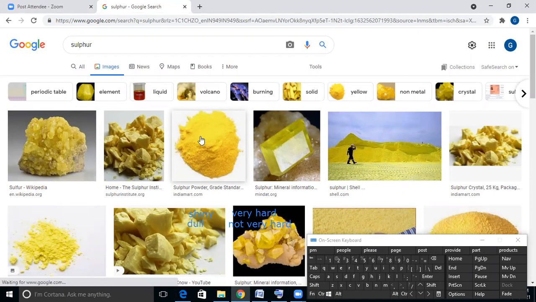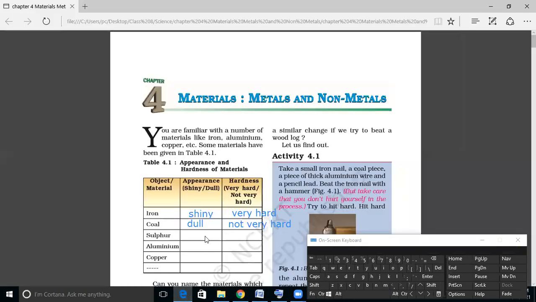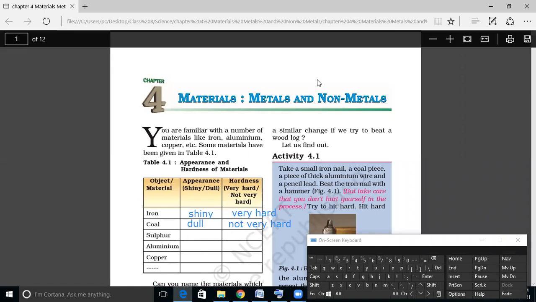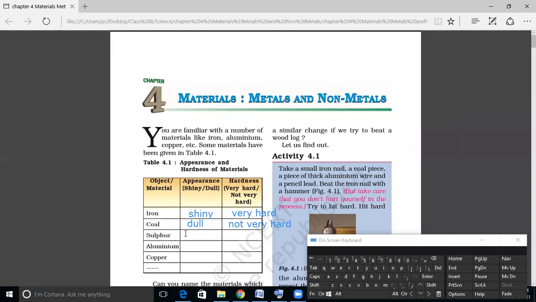So it is not very shiny, but it is dull in color. So we can write that it is dull. So let us make a note of it. It is dull in appearance and not very hard.